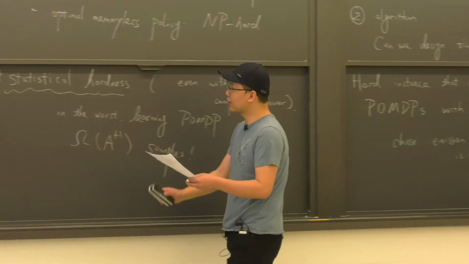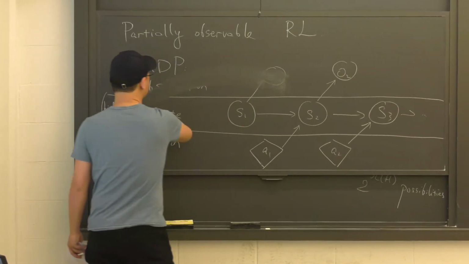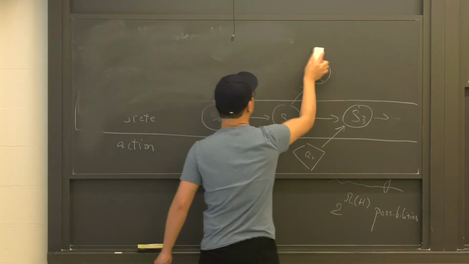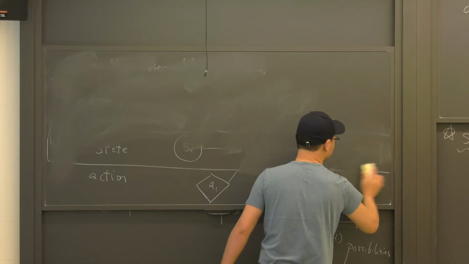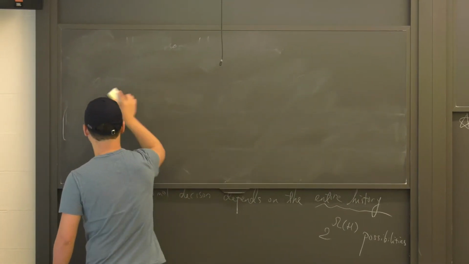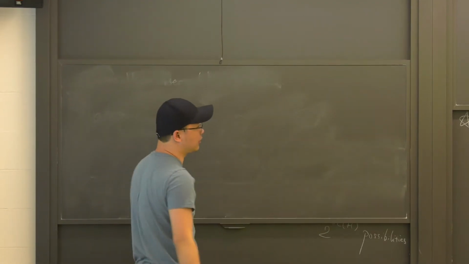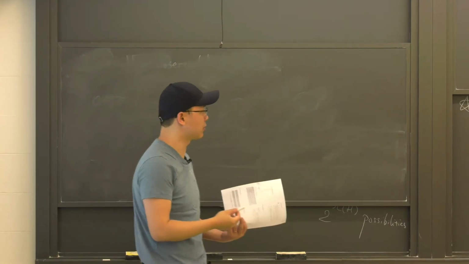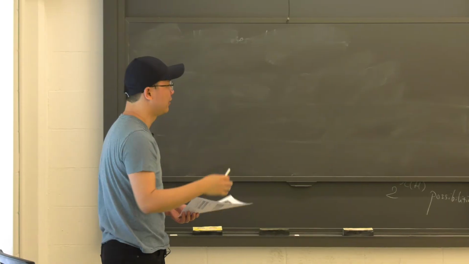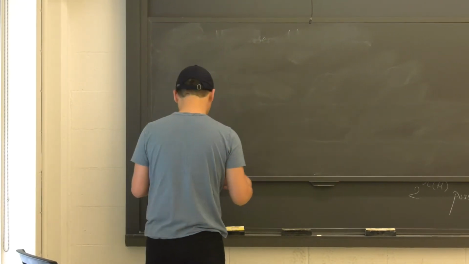Once you have such an observation, it becomes a lot easier to construct something that is very difficult to learn. In order to construct a hardness result for POMDP, we need to construct both the emission and the transition. The emission is a trivial, non-interesting emission.